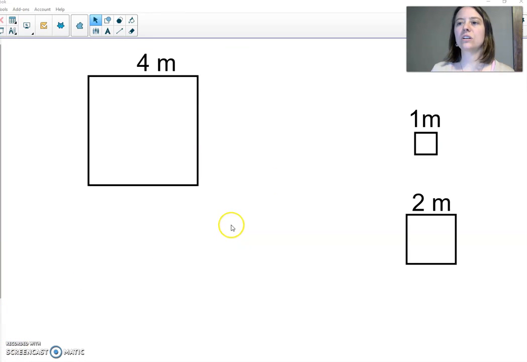Okay, so if you're not quite sure if the small and medium square would have the same proportionality constant as the large square, you can always go through some examples. So figure out the perimeter of this and then divide it by the length of its side, which is 1, and see if you get the same proportionality constant as you did in A. And then find the perimeter of this one and divide it by the length of its side, which is 2 meters, and then figure out your proportionality constant and see if it's the same as you got with the big square.